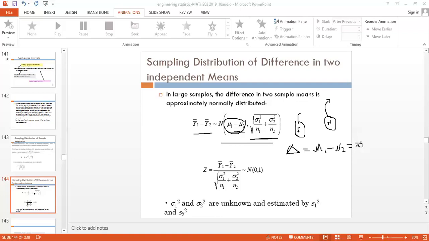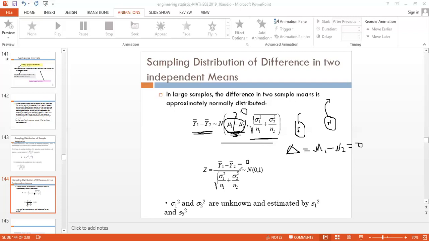So in the test statistic, we'll always be left with the observed difference, which is y1 minus y2, minus the mean of the sampling distribution, but we know that this is approximately 0 because the difference is usually 0, so that term will not come.